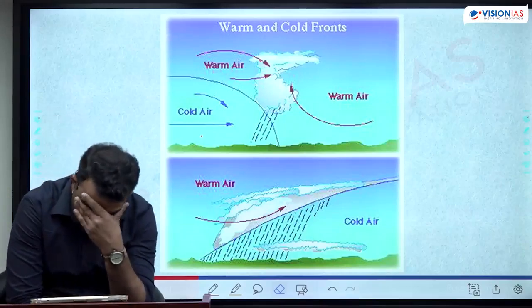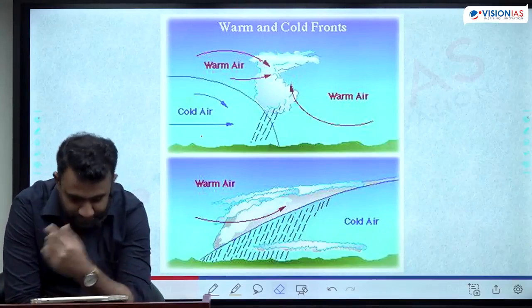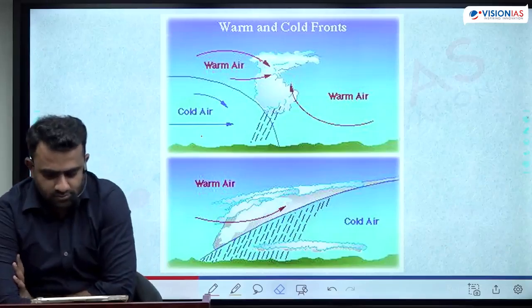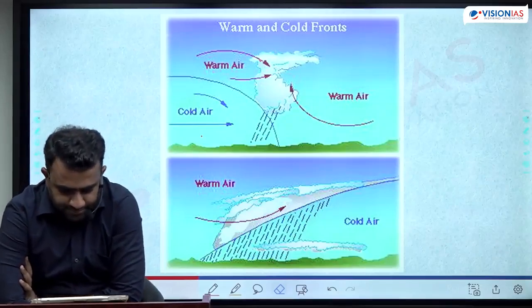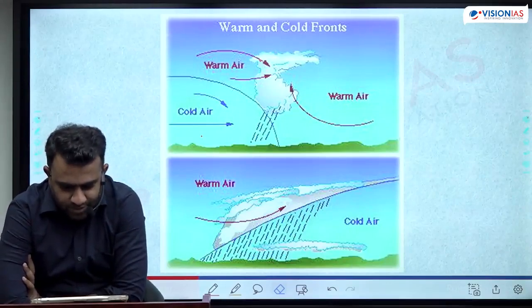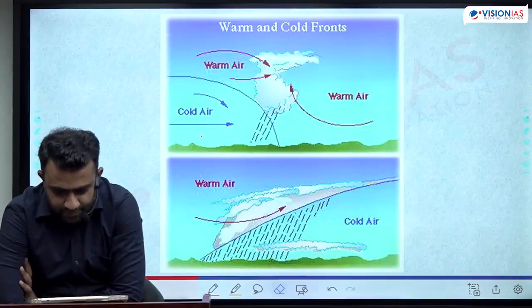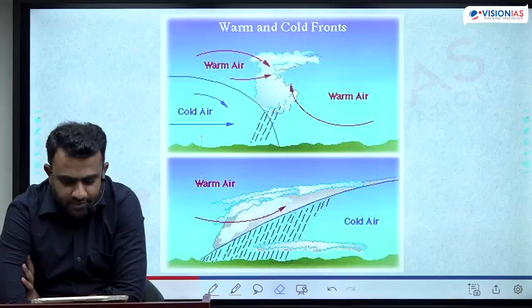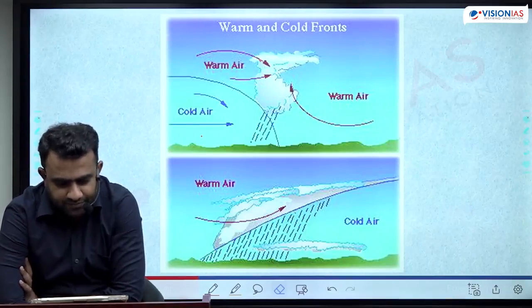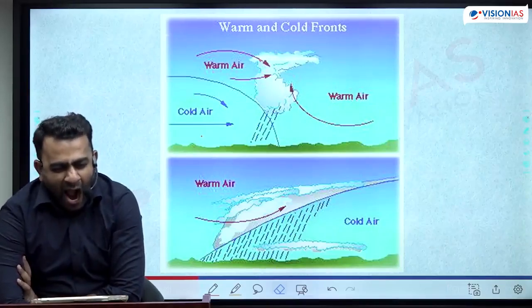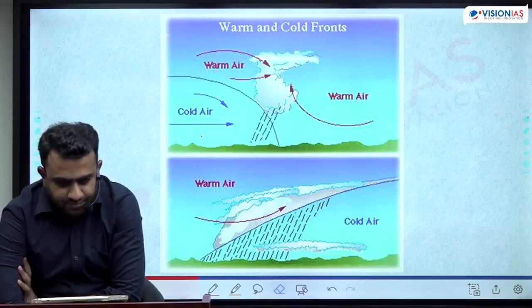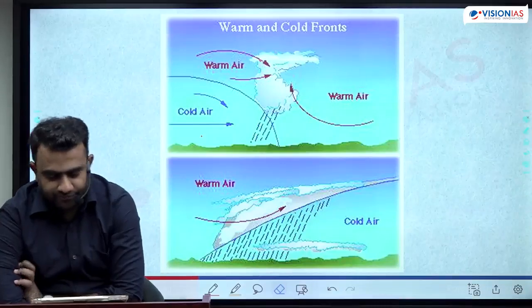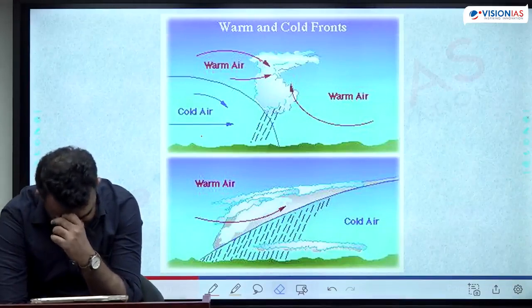Stationary front. When the surface position of a front is not changing, when the two air masses are unable to push each other, it's called a stationary front.